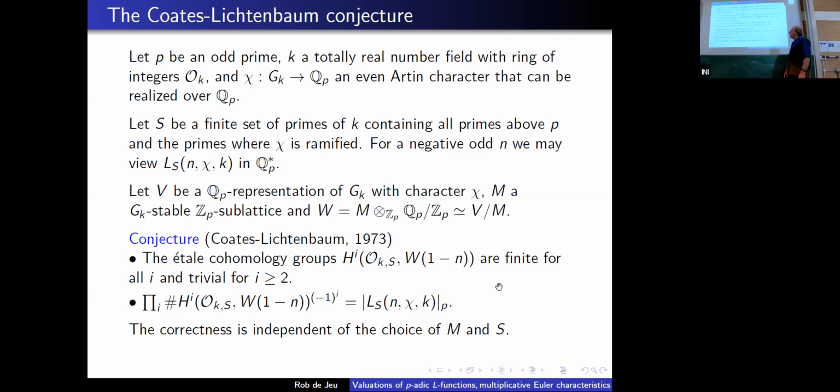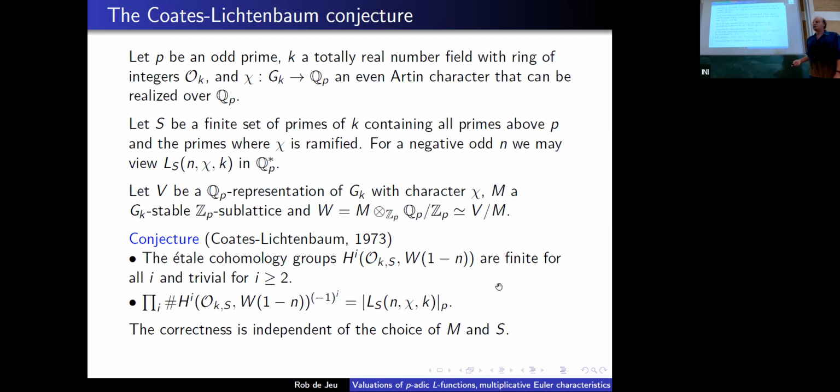The other thing they conjectured was that if you look at this multiplicative Euler characteristic, which by the first part should involve only H0 and H1, then this is just going to be some power of p, and it should be exactly the p-adic absolute value of this p-adic interpretation of this L-function.